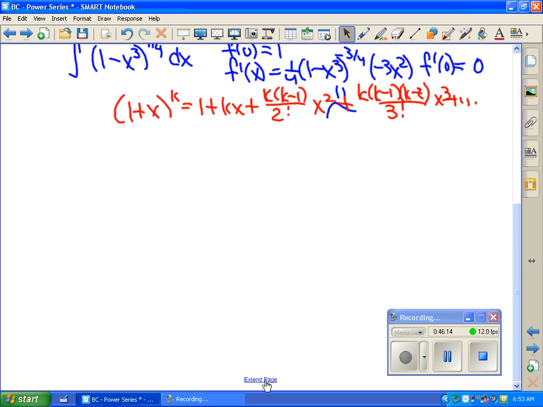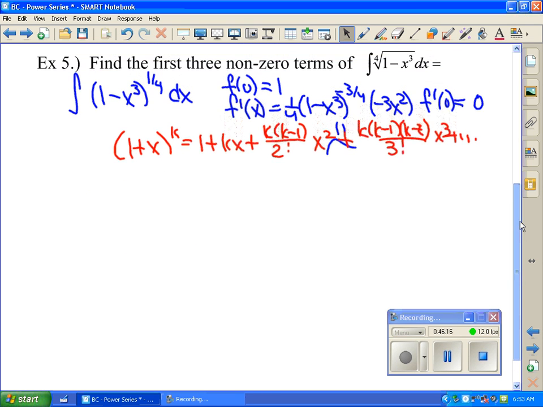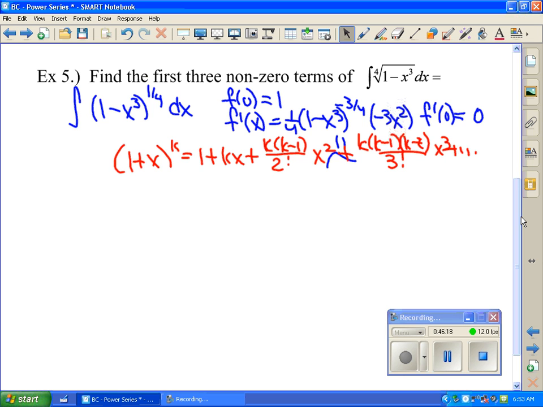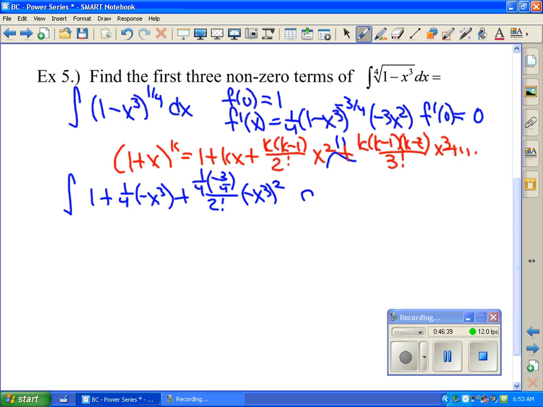So in this particular problem that I have here, my k is going to be 1/4, and my x is going to be replaced with the negative x cubed. So all I need to do is write out the first three non-zero terms. So it's going to be 1 plus k, 1/4, my x, which is negative x cubed, plus k times k minus 1 over 2 factorial x squared. And only the first three non-zero terms, so that's all I need.